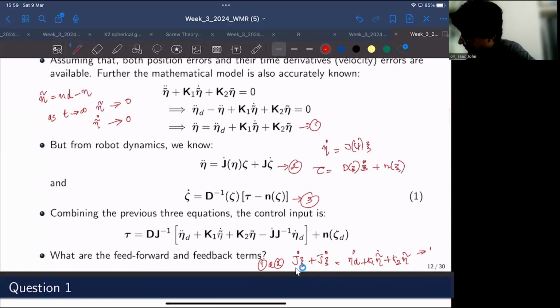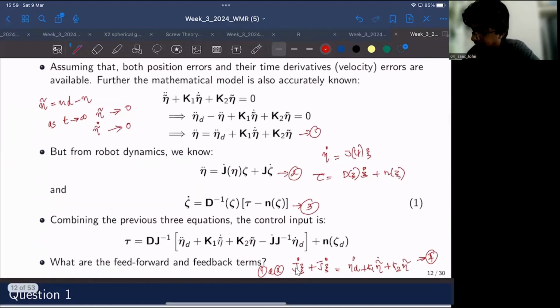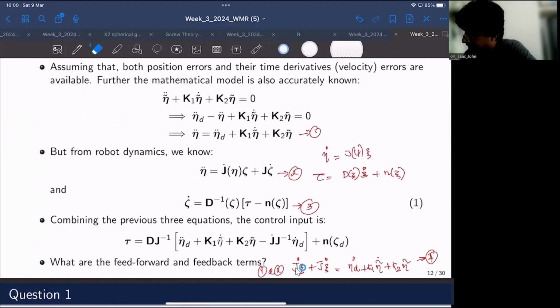I'll call this equation 4. Now, substituting 3 in equation 4, what will happen?